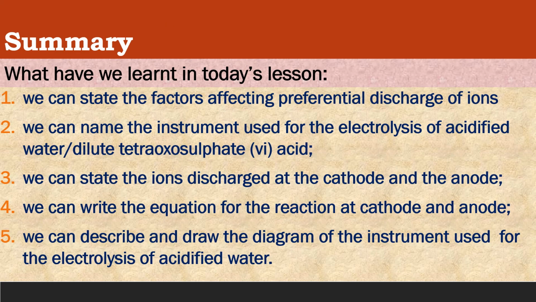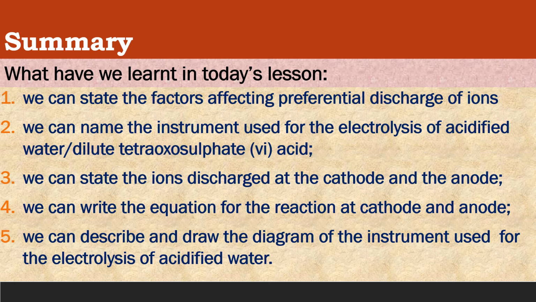What have we learned in today's lesson? 1. We can state the factors affecting preferential discharge of ions. 2. We can now name the instrument used for the electrolysis of acidified water or dilute tetraoxosulphate(VI) acid. And the 3rd lesson is that we can now state the ions discharged at the cathode and at the anode.